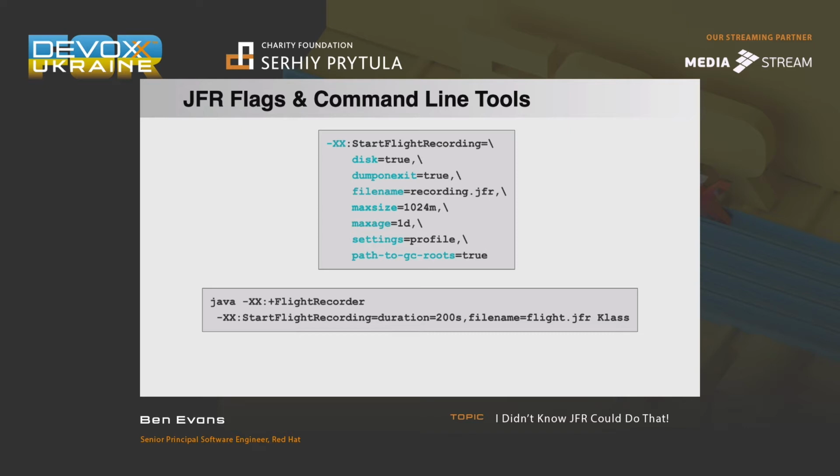We've got a dump on exit, which basically says when the process exits, produce the file on disk. We say what the file is going to be, and then we have settings that you don't normally see both of: max size and max age, which is for effectively running JFR in a kind of continuous buffer mode. The alternative is in the second box on the screen, where it says duration equals 200 seconds.